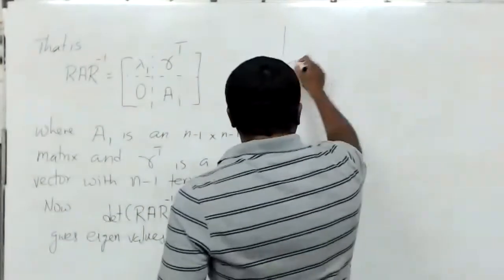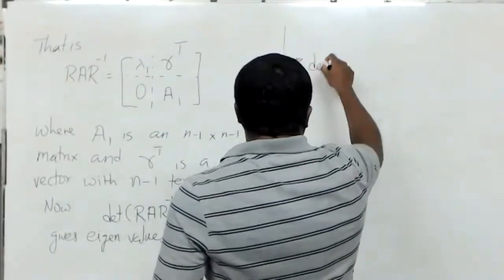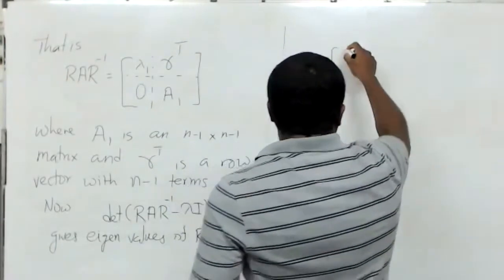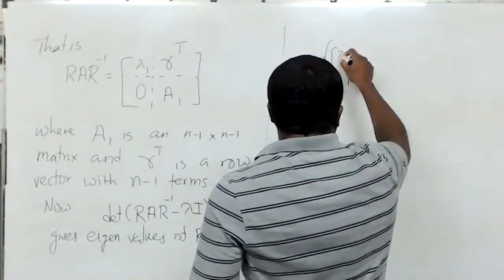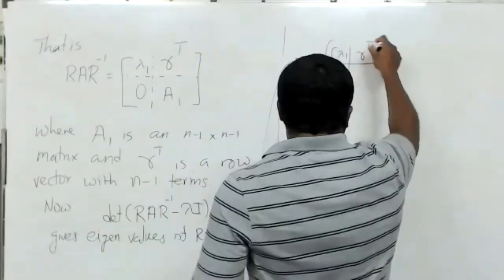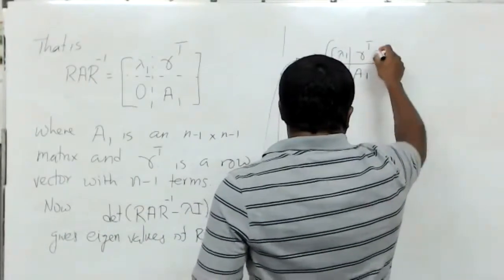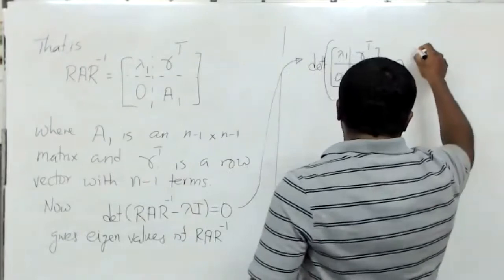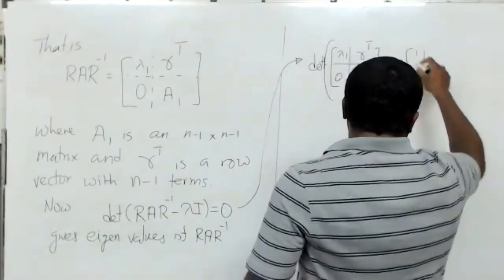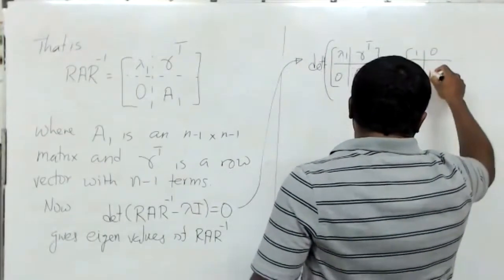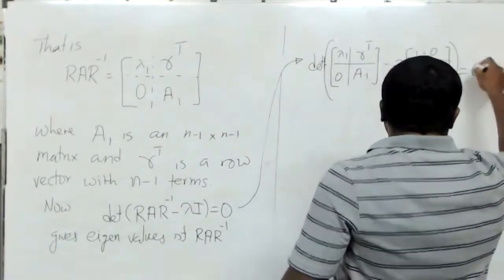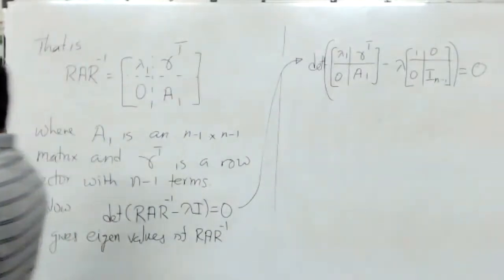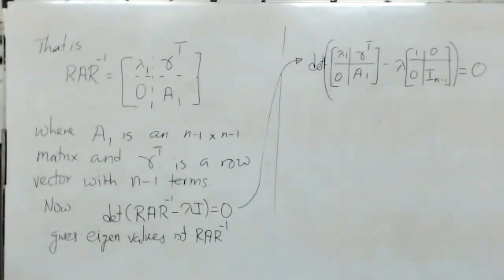So this implies, right, you divide that into equivalent blocks like the matrix R A R inverse, right?